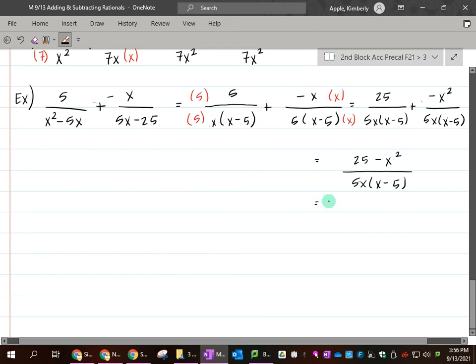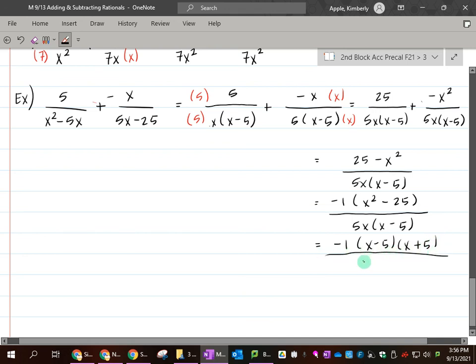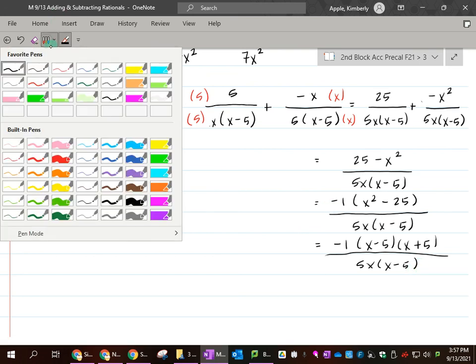So I'm going to factor out a negative 1 first and do that trick where it turns this around, so it looks like the difference of squares we're used to. Now that I've factored out the negative 1, I'll factor the difference of squares, x minus 5, x plus 5, rewrite my common denominator, and now let's check to see if anything will in fact cancel.